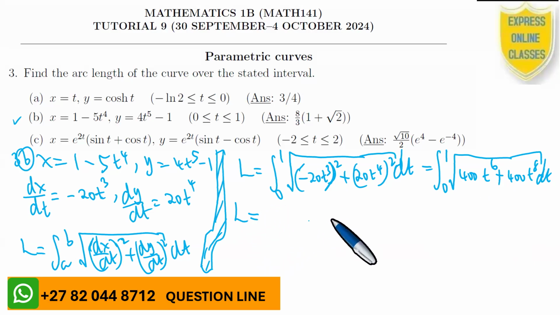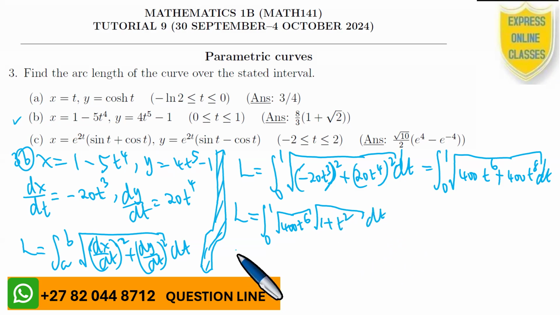So we need to deal with this. You have the integral from 0 to 1, and then you'd have to factor out 400 t to the sixth power. Inside the square root, you'd have 1 plus t squared, dt, which is 20t cubed times the square root of 1 plus t squared, dt.